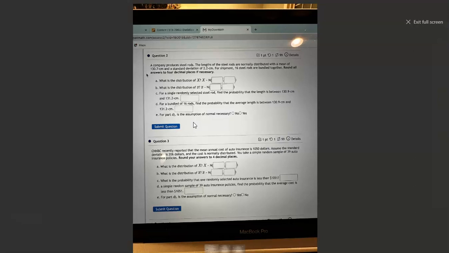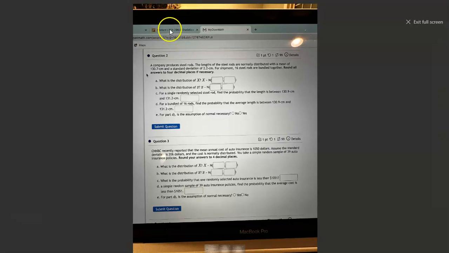If the sample size is greater than 30, it doesn't matter. We don't have to have the assumption of normality. So let's notice this sample size is only 16. So for part D, we do have to have the assumption of normal. So the answer here is yes, it is definitely necessary in this instance. Hopefully that helps you through both of these problems because they're both very similar.